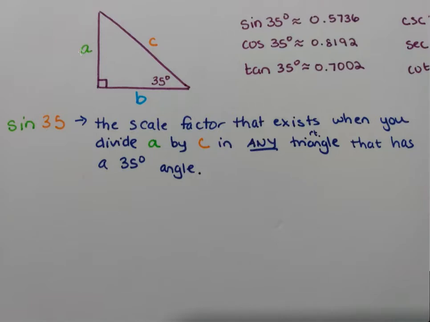So if I'm looking at the scale factor from A to C, that gives me the sine. And we know from similar triangles that in any triangle like this one with the same set of angles, it'll be the same scale factor between pairs of sides. So that's what the sine represents. It's one scale factor.